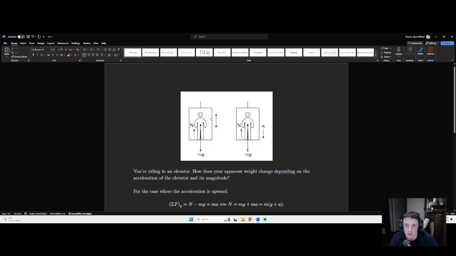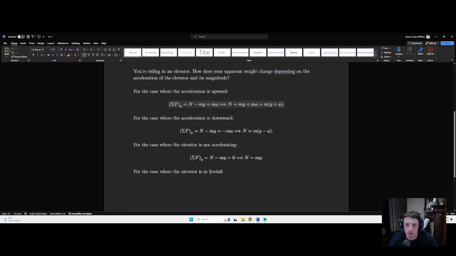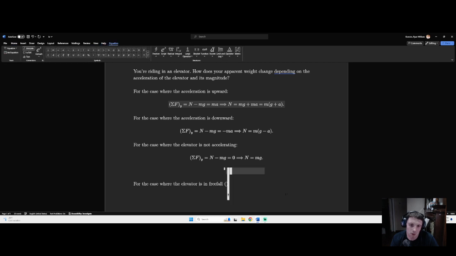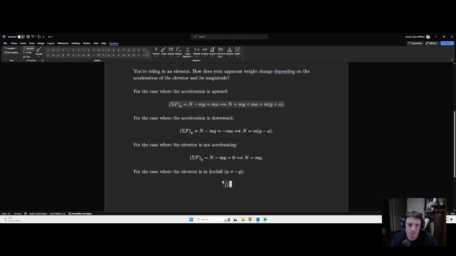I hope none of you ever experiences this, but it's interesting from a physical perspective. We sum the forces in the y direction. We have N minus mg equals negative ma.